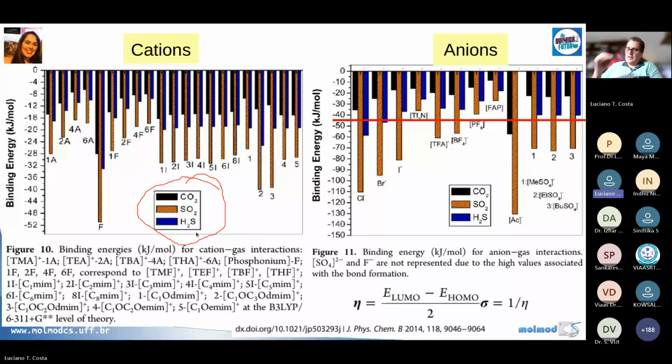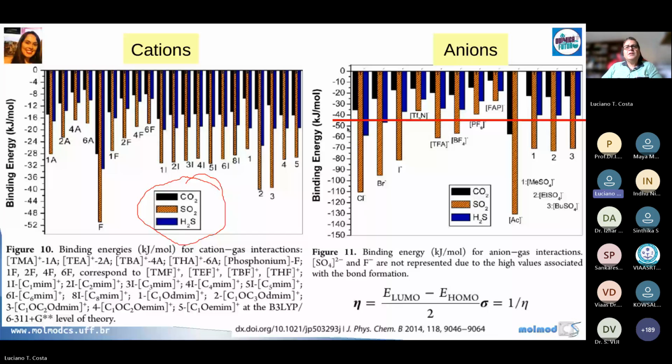Because I don't know if you know, but here, for example, in Brazil, our oil and natural gas contains a lot of H2S in the stream together with CO2. So if you want to capture CO2, you need to capture it selectively against H2S, for example. That work was quite important because it generated many important conclusions.